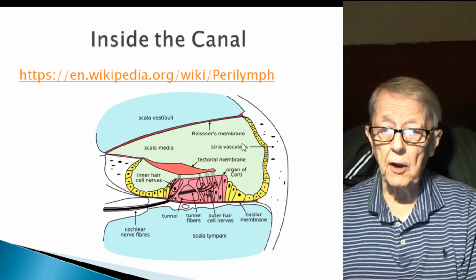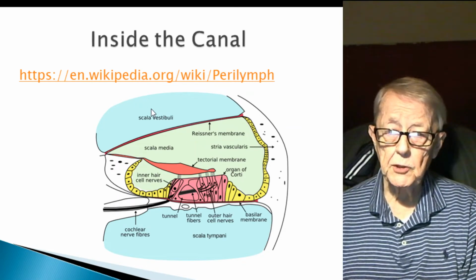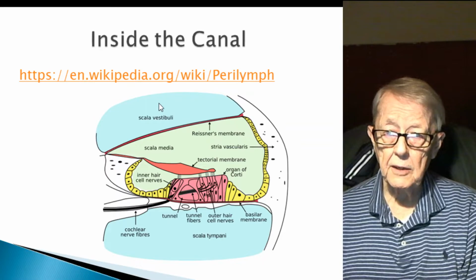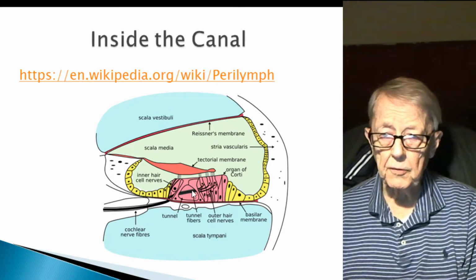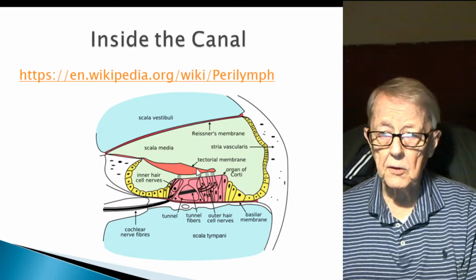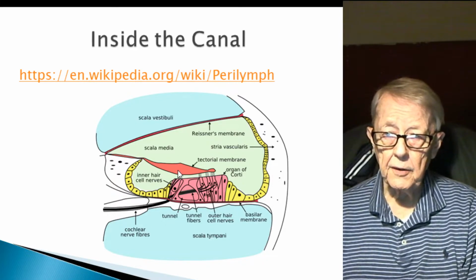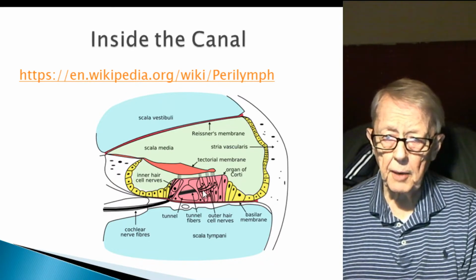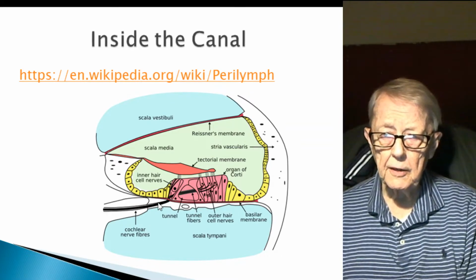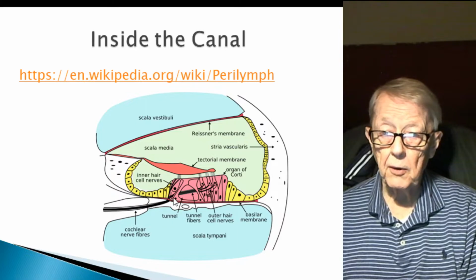Now this is an artist's drawing, and I'm assuming these are the 3 canals that it has. And this is a group of hair cells. This is that tectorial membrane. And they are generally attached. There's 4 hair cells. At the bottom of the hair cell, it gets to the neurons, to the brain.